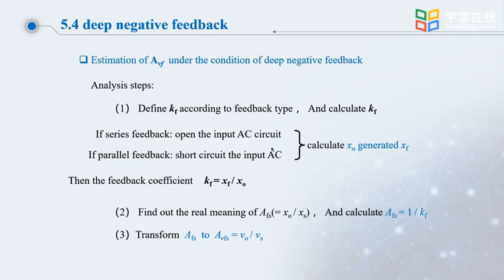That is, if the amplifier circuit meets the deep feedback conditions, then if there are some errors or deviations in the performance of the basic amplifier in the feedback amplifier circuit, the impact on the performance of the entire amplifier gets smaller. Let me give you an example.